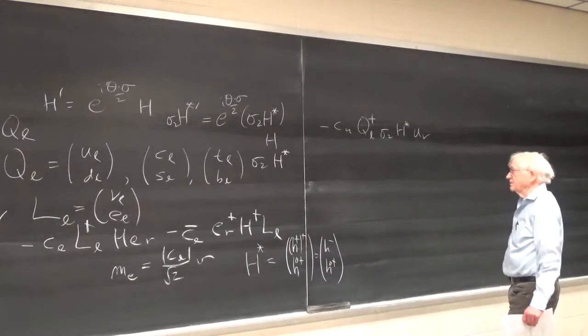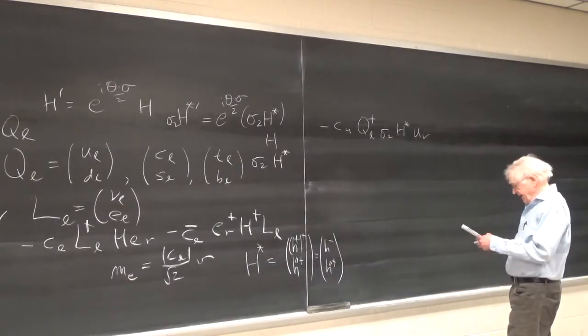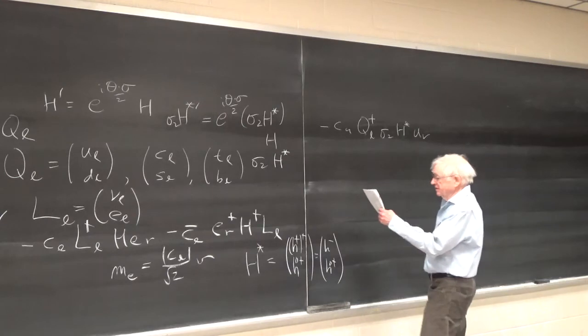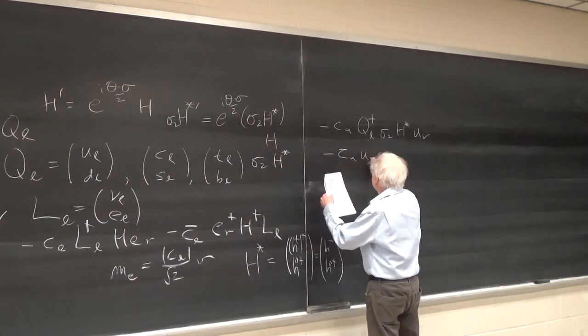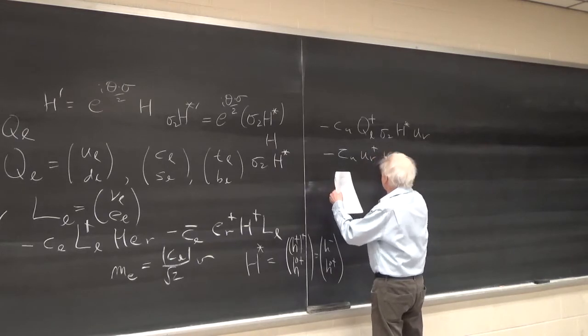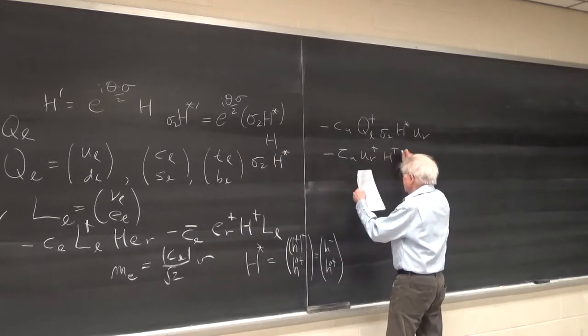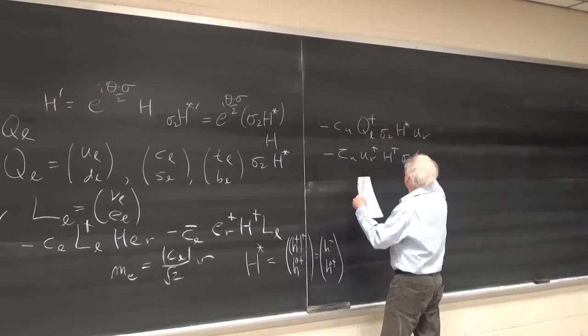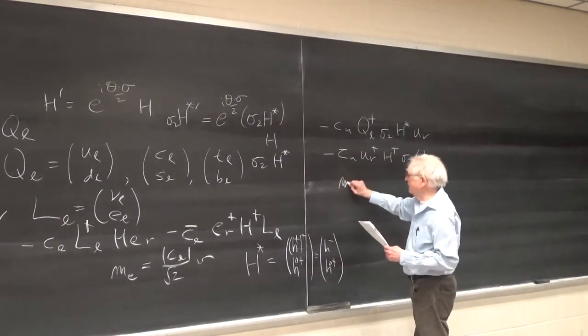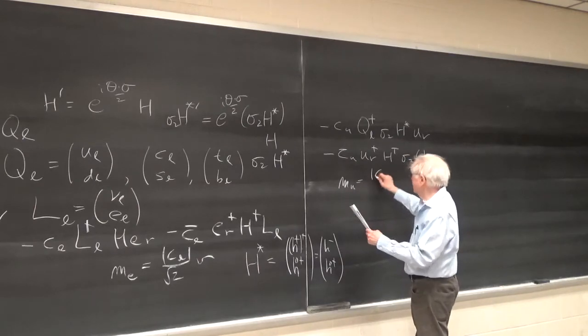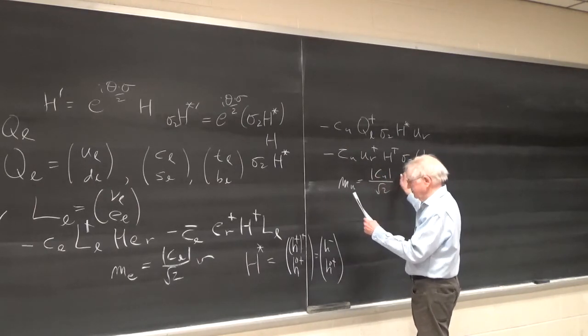So that's what H star is. And so we have that minus Cu bar UR dagger H transpose sigma 2 Q left. And this gives a mass to the up quark of Cu over root 2 V.